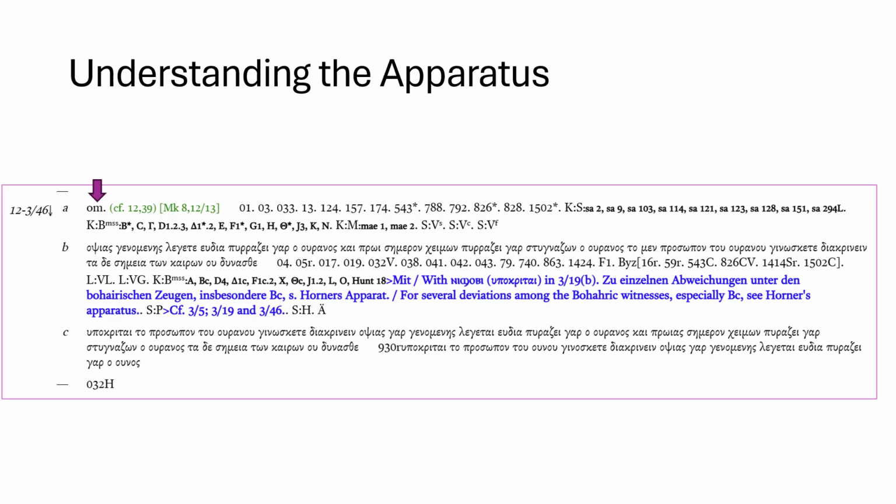The abbreviation OM for omission indicates that the witnesses in this attestation omit Matthew 16:2b-3. The parenthetical references show parallel text, first in Matthew, then in other Gospels, which lack the material in reading B.